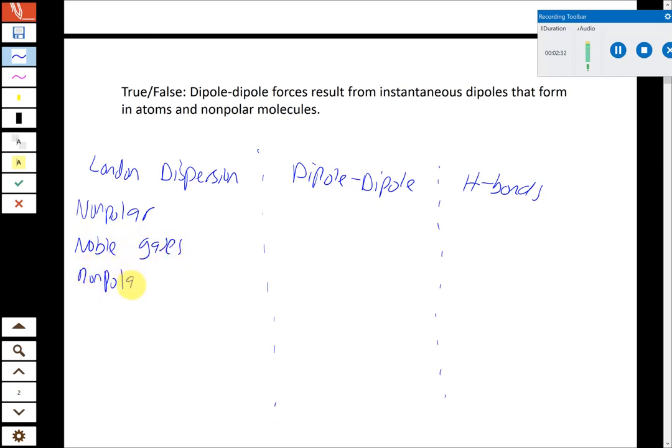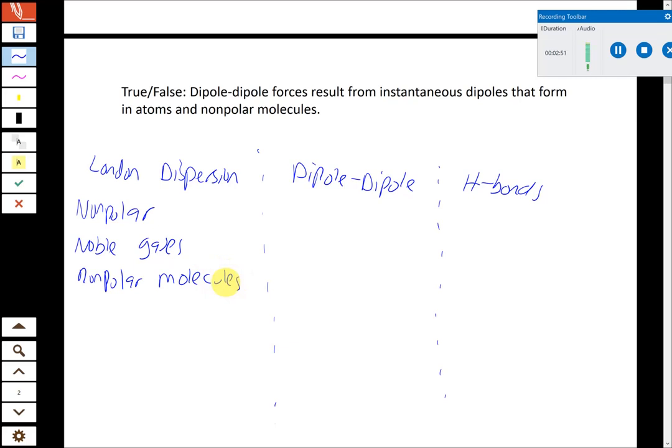Now it's true that anything in the world has London dispersion forces, so that's always going to be there. But if you're talking about which substances only have London dispersion forces, or where that's the most important intermolecular force, it's going to be anything nonpolar: noble gases, nonpolar molecules.